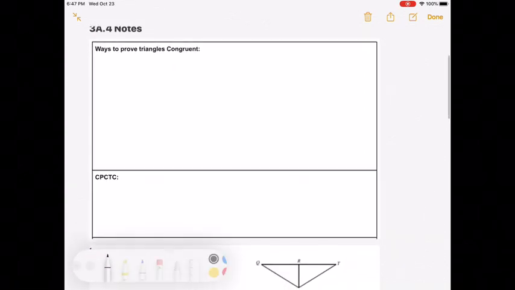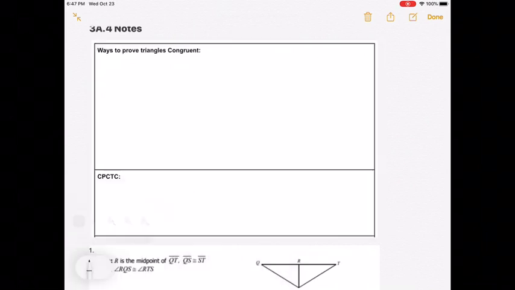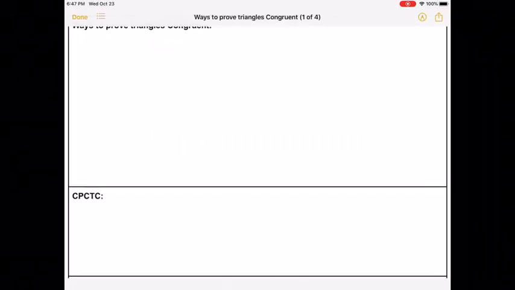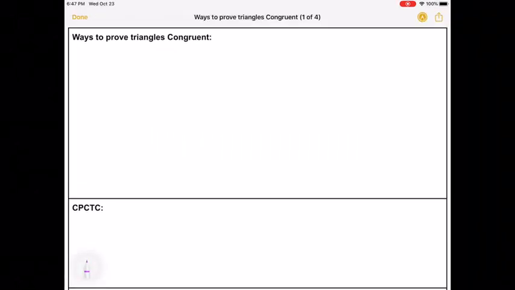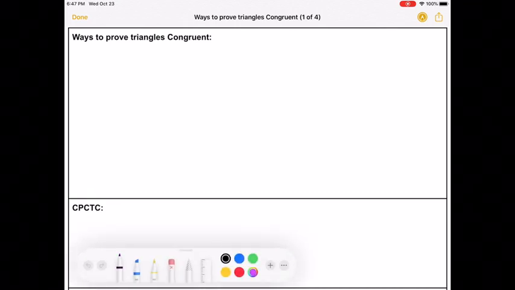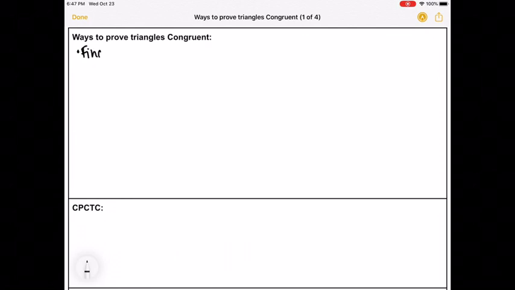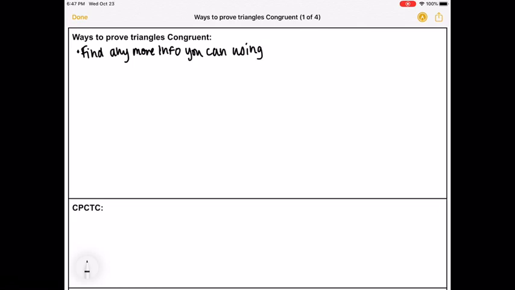So you want to find any more info you can, using the angle relationships you've learned.